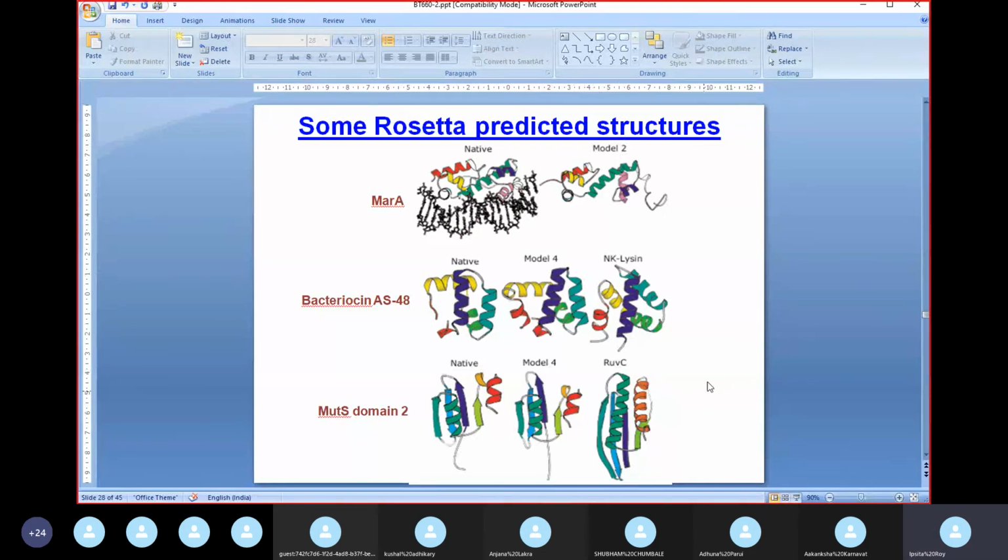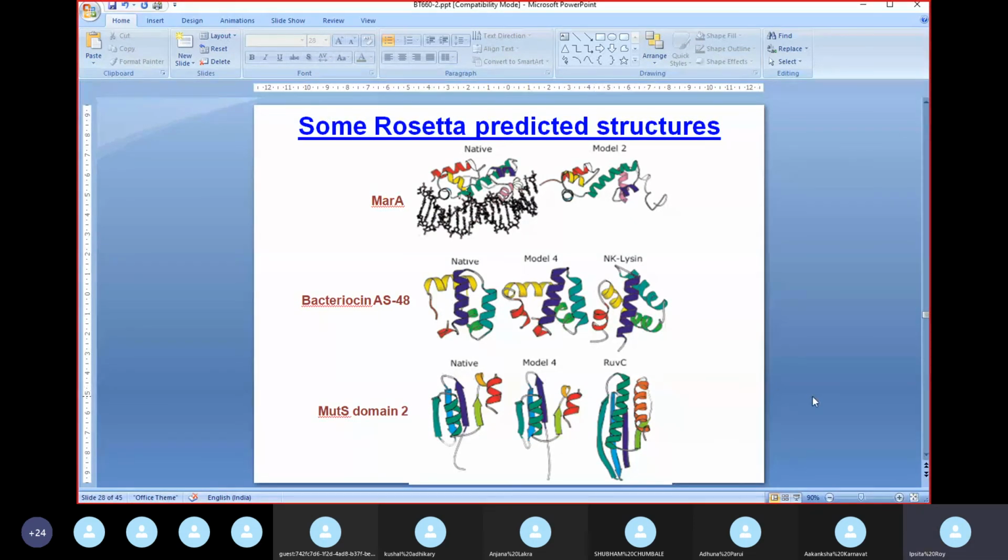And the third structure in these cases is proposed based on databases, so probably comparative modeling. You see that the fragment-based ab initio prediction tool gives you structures which are very close to the actual structures, compared to what the database modeling proposes.